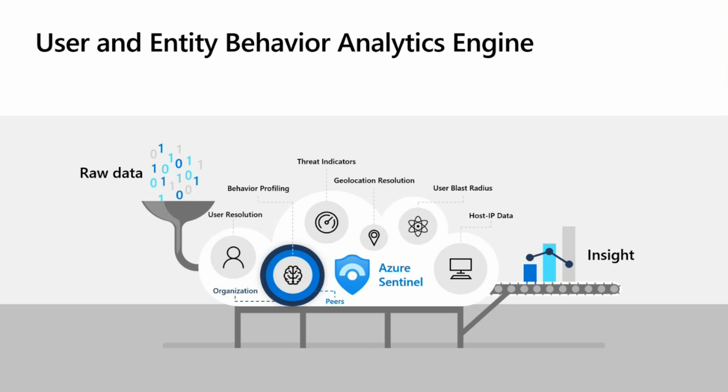So let's say a user has privileged access, well, then they would have a higher blast radius. If the user is higher up in the organization, of course, that would lead to a higher blast radius. If available, we also like to enrich data with host IP data for IP to host correlation. So the output of the UEBA engine are, as you can see at the end, anomalies and insights.